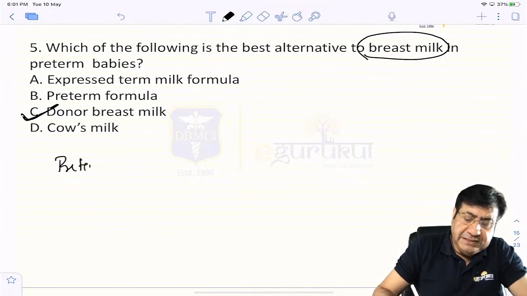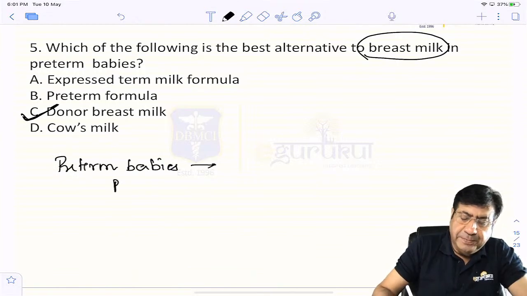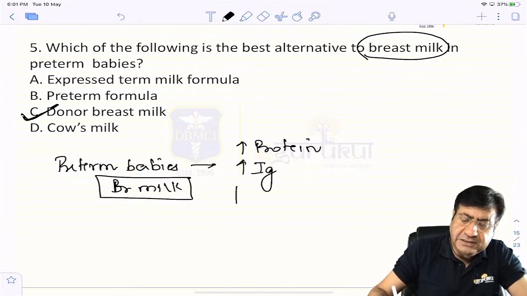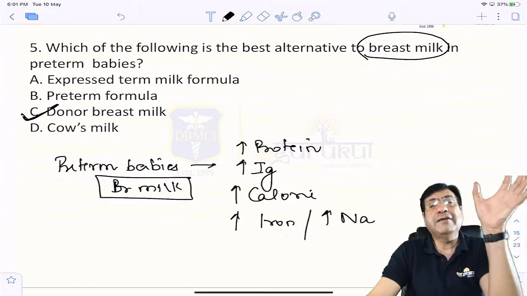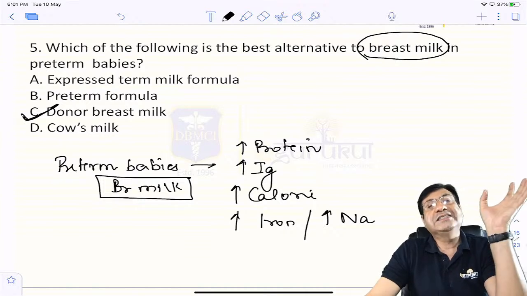So preterm babies, because of their requirements, the breast milk of the mothers who deliver preterm babies is much higher in the protein content, is much higher in the immunoglobulin content, is much higher in the calorie content, is much higher in the iron content, is much higher in the sodium content. So it is different from the breast milk of a mother who has delivered a term baby.